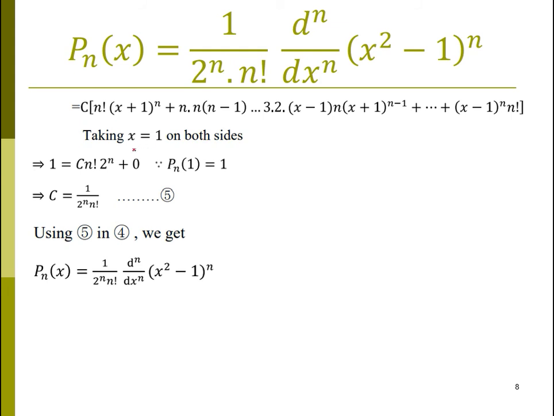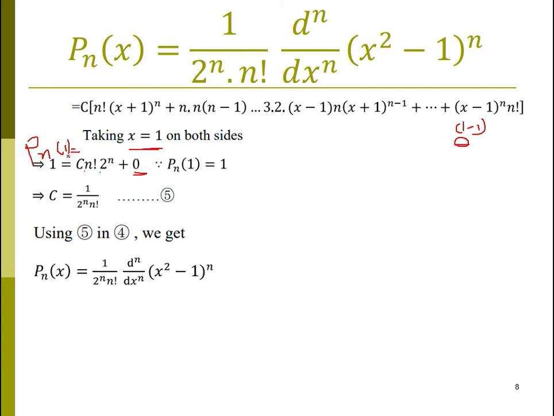Now taking the value x equal to 1 on both sides, we get Pn(1) is equal to C into n! into 2ⁿ plus 0. Put the value 1 − 1, so this term is 0.